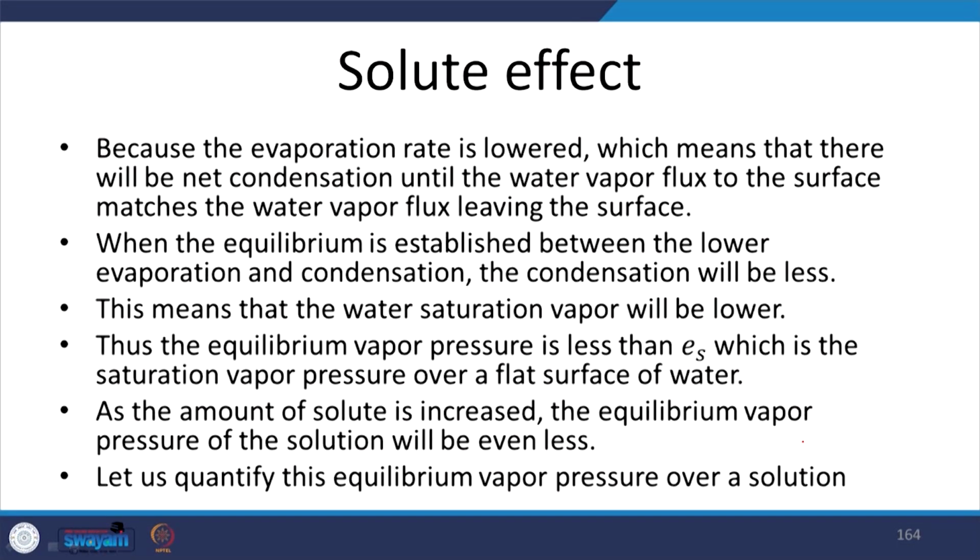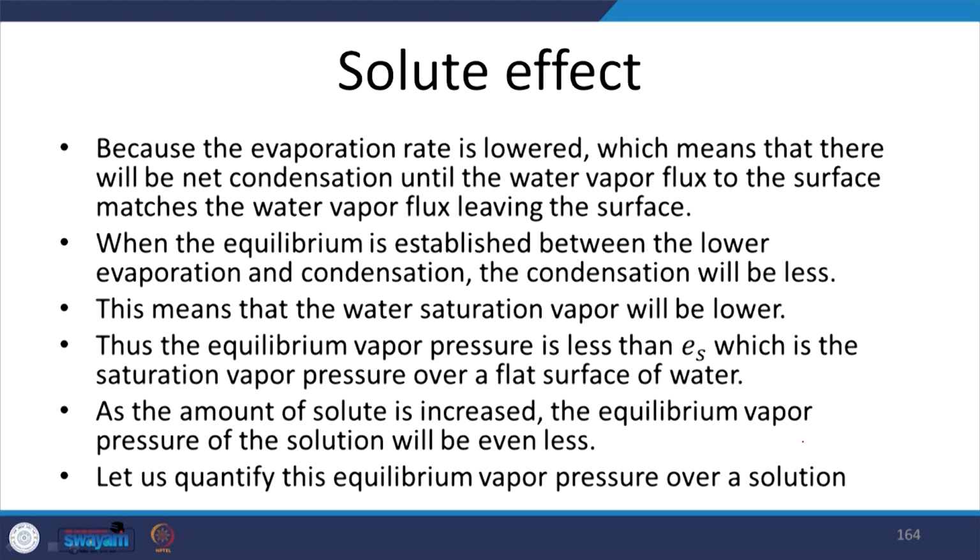Because the rate at which the molecules are evaporating is lowered, there will be net condensation until the water vapor flux to the surface matches the water vapor flux leaving the surface. The basic idea is still the same. When the equilibrium is established between the lower evaporation rate and the lower condensation rate, the condensation will also be less. This means that the saturation vapor pressure will be lower.